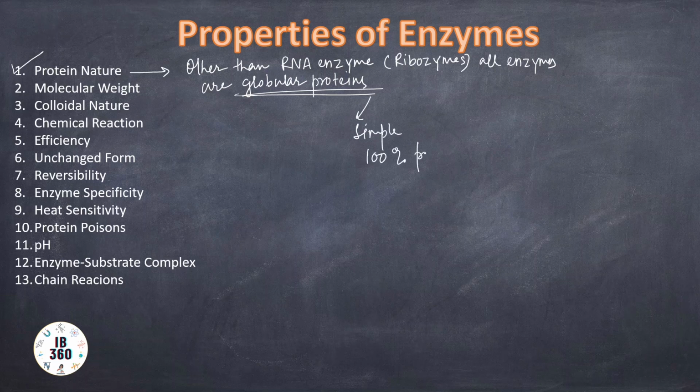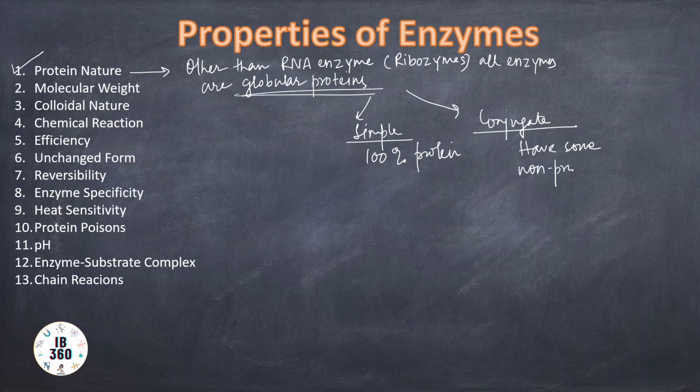But if they are conjugate, they will have some non-protein part also. Okay, that is the deal. And I have talked about all these things earlier, so you can easily go and check those out.